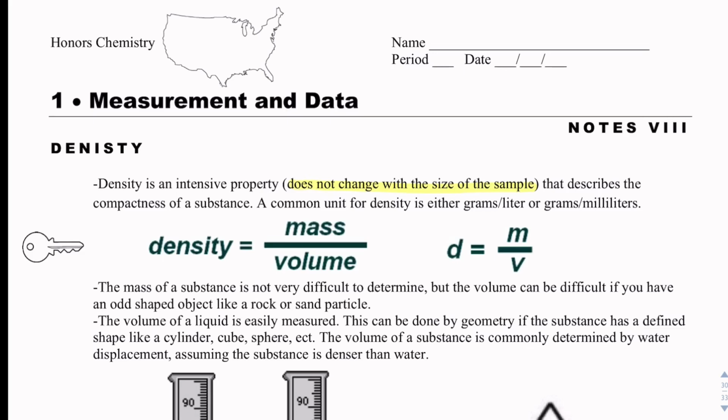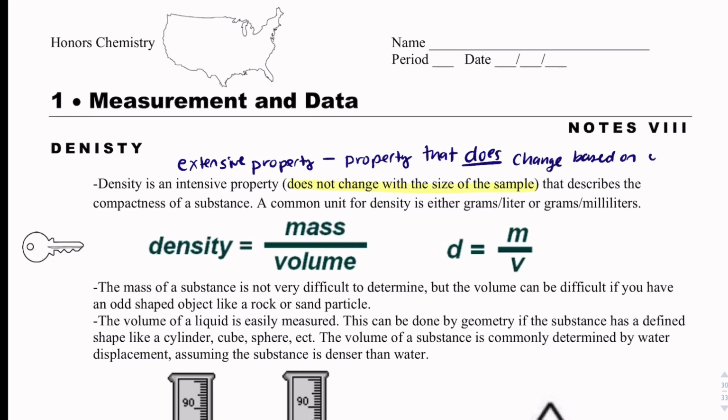The difference between intensive and another type of property, and we'll write it down just because it's good to know, is extensive property. That's the opposite. And that is a property that does change based on your size of the sample.